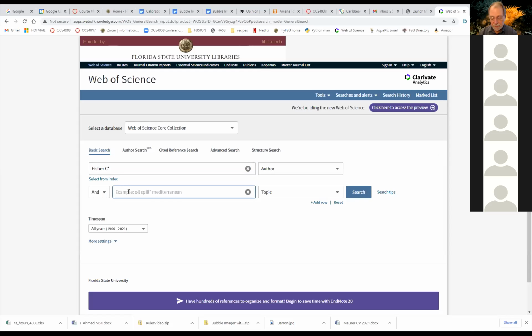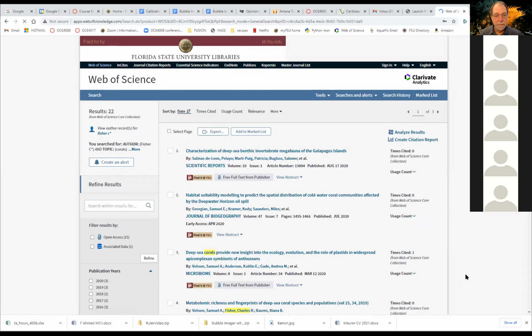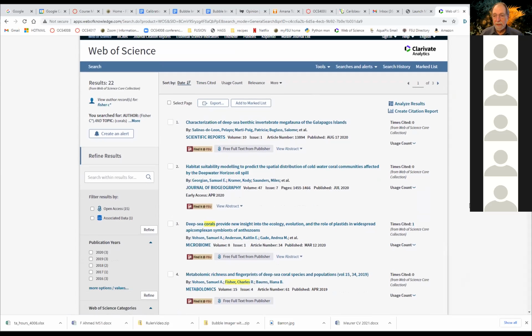So I'm going to add here corals, and let's see what happens when I add this restrictor. Okay, well, instead of having 4,000 results, I've got 22 results. Here are the results, the actual articles written by Fisher.